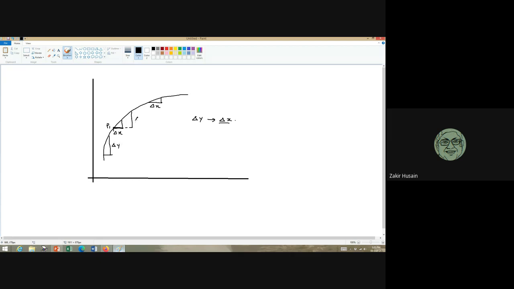What is my del y? Are they equal? So even though del x is the same, P has changed, my starting point has changed. As a result of this, my del y also changes.